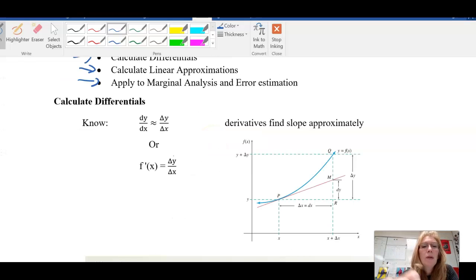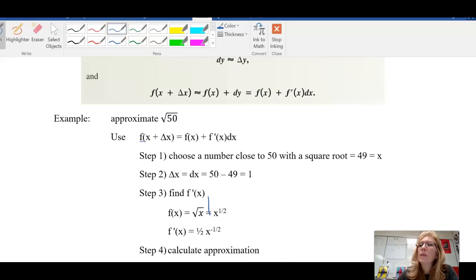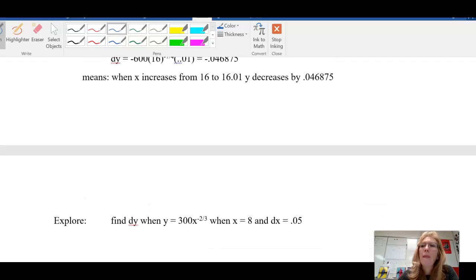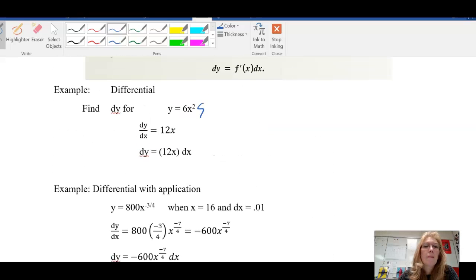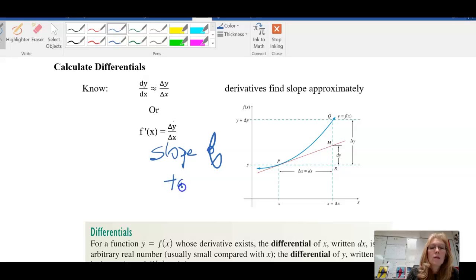So we know that this finds the slope of the tangent at any place on the curve. We have been doing that for a while.